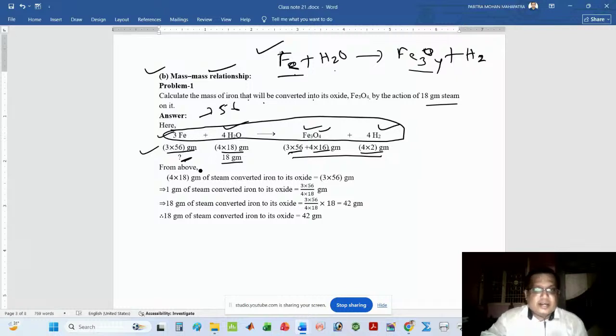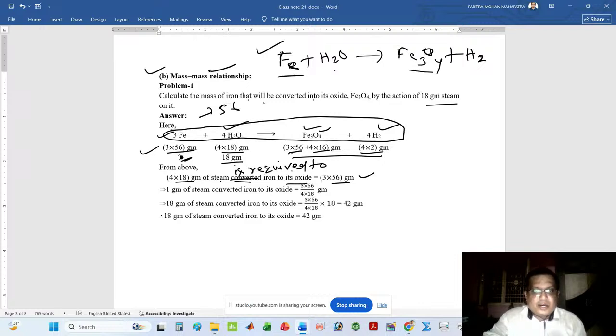Here I can write: 4 into 18 gram of steam is required to convert iron to its oxide. Again I read the sentence: 4 into 18 gram of steam is required to convert iron to its oxide. That is how much? 3 into 56 gram.